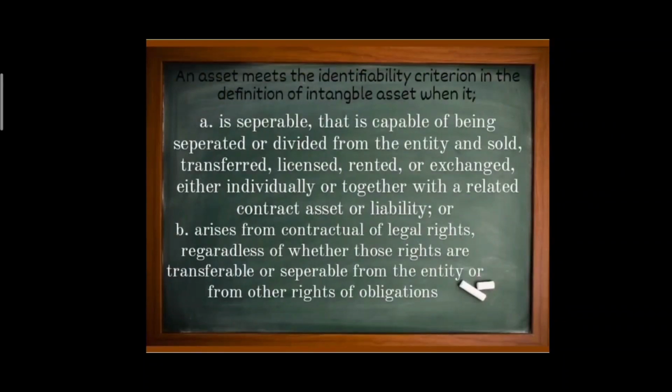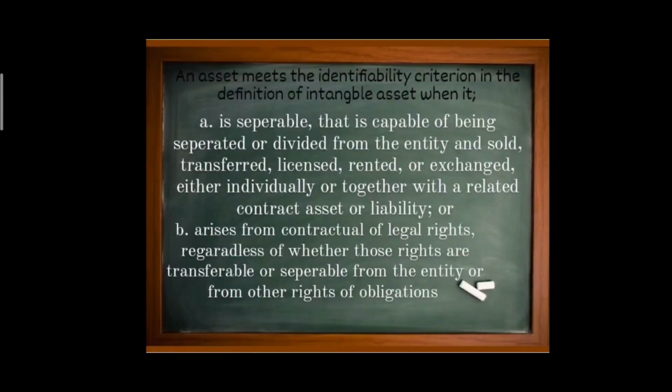An asset meets the identifiability criterion in the definition of intangible asset when it A. is separable, that is capable of being separated or divided from the entity and sold, transferred, licensed, rented, or exchanged either individually or together with a related contract, asset or liability.